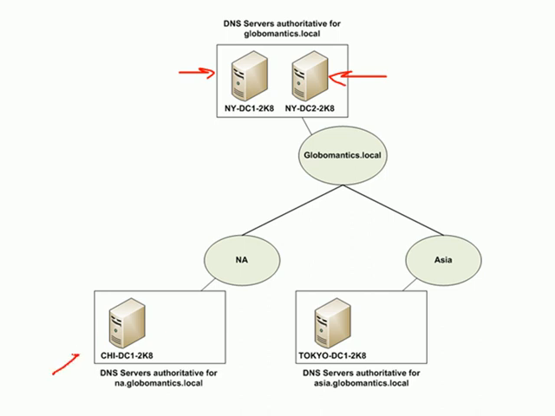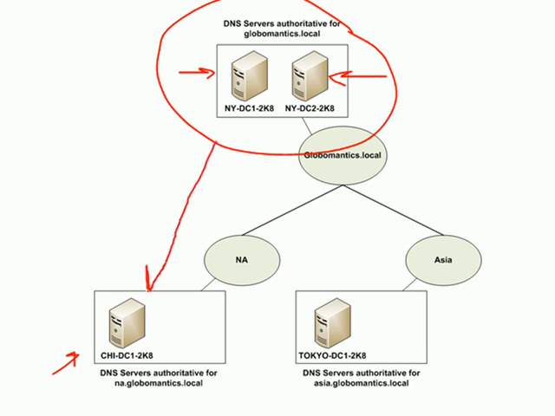Down here, we have one DNS server which is authoritative for na.globalmantics.local. And in the case of a stub zone, we're going to manually create the zone telling the parent DNS servers about the one server that is authoritative for na.globalmantics.local.